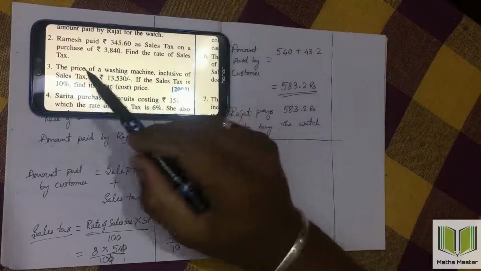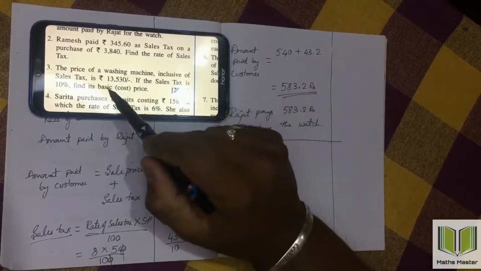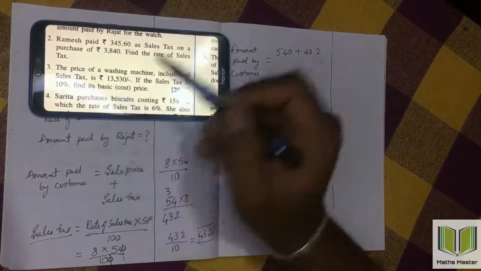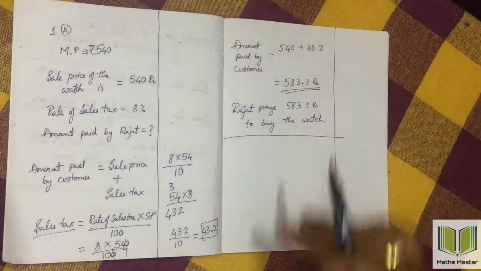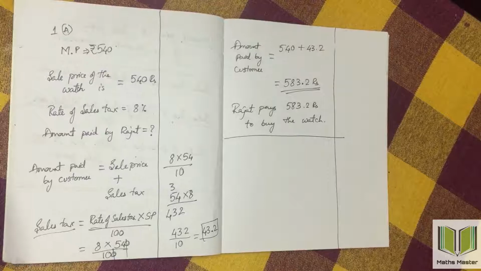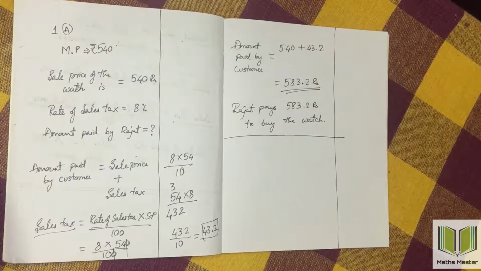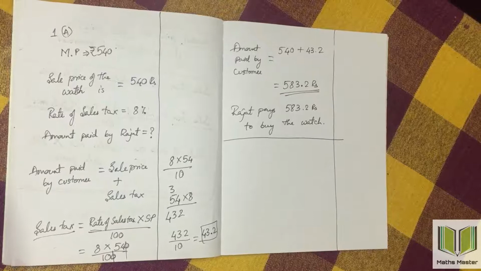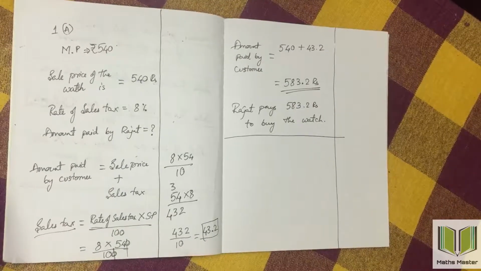The price of washing machine inclusive of sales tax, so 13,530 rupees will be the amount paid by the customer. They are asking for the value at which the sale price was marked.